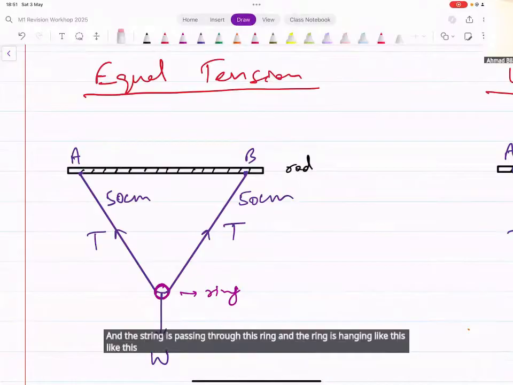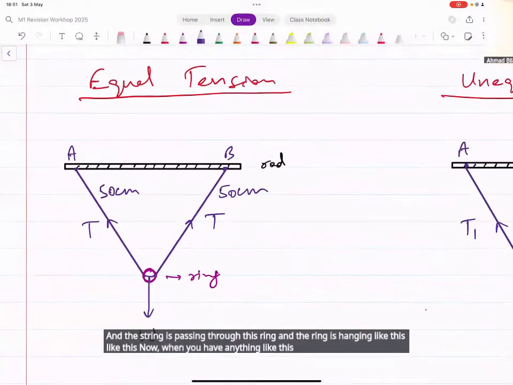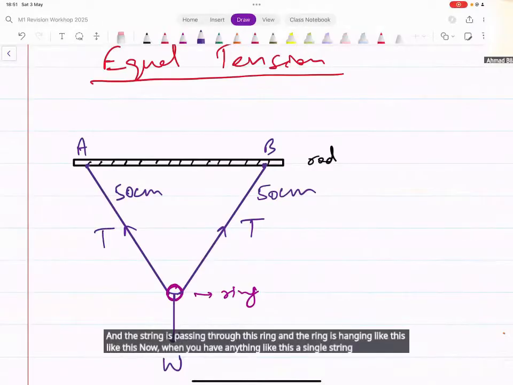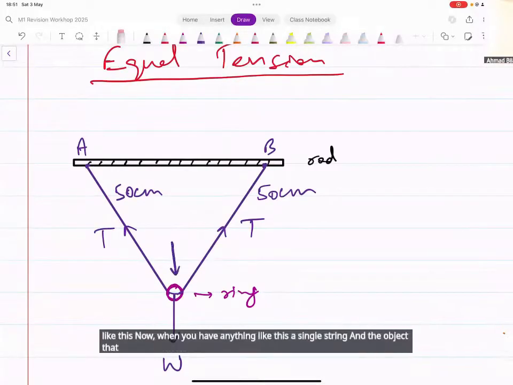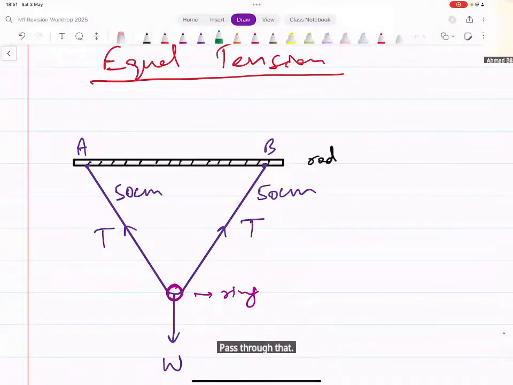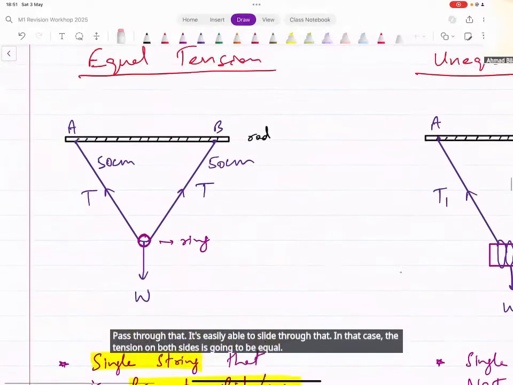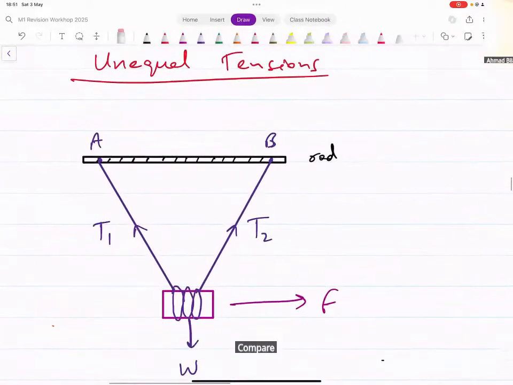Now, when you have a single string and an object attached to it, the string is easily able to slide through that object. In that case, the tension on both sides is going to be equal. Compare that with something like this.